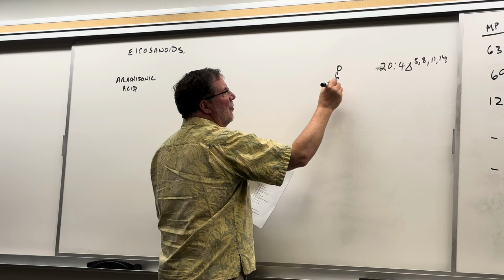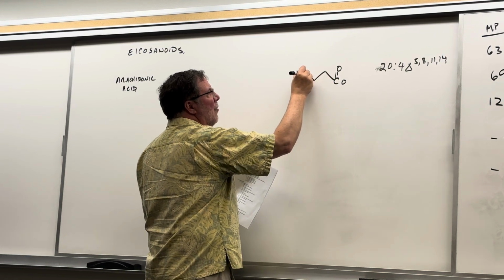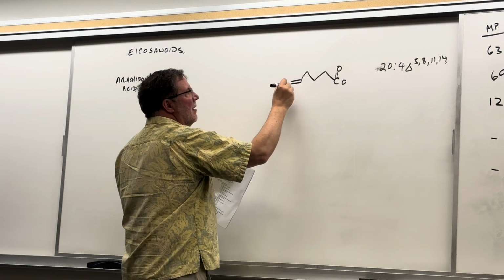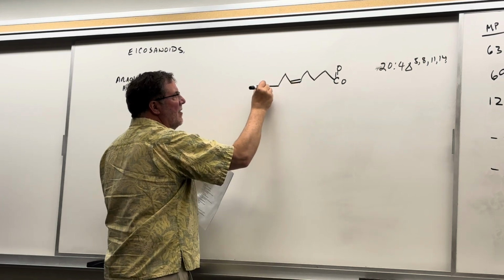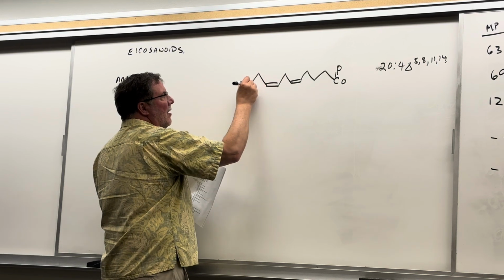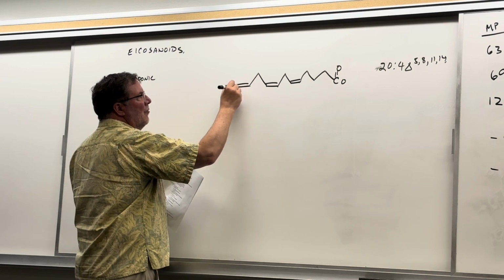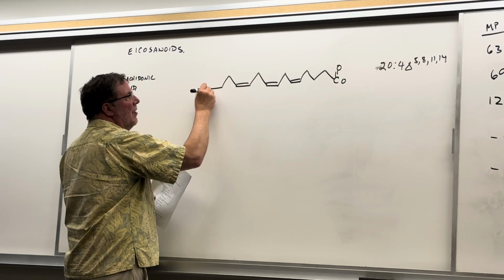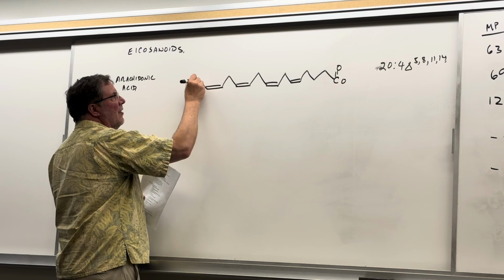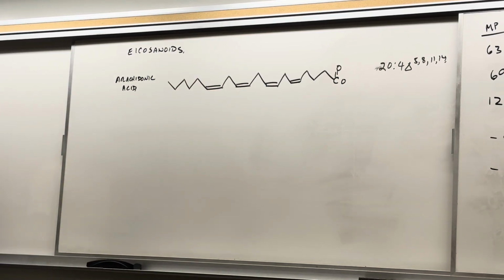Here's our carboxyl group. 2, 3, 4, 5, 5, 6, 7, 8, 8, 9, 10, 11, 11, 12, 13, 14, 14, 15, 16, 17, 18, 19, 20. That's arachidonic acid.